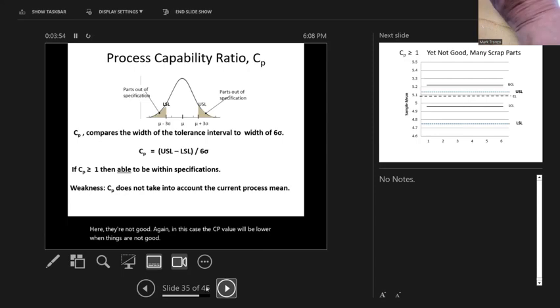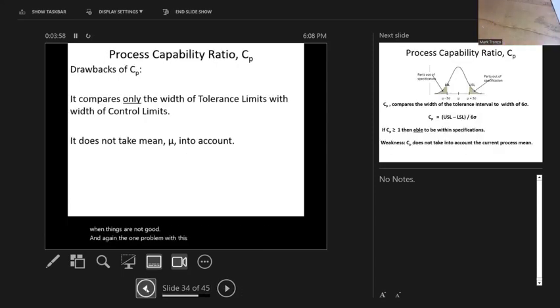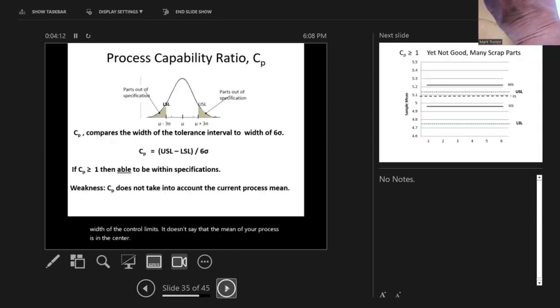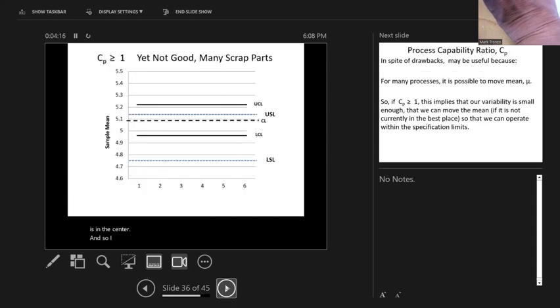And again, the one problem with this calculation is it only compares the width of the tolerance limits with the width of the control limits. It doesn't say that the mean of your process is in the center. So you could actually have something like this.